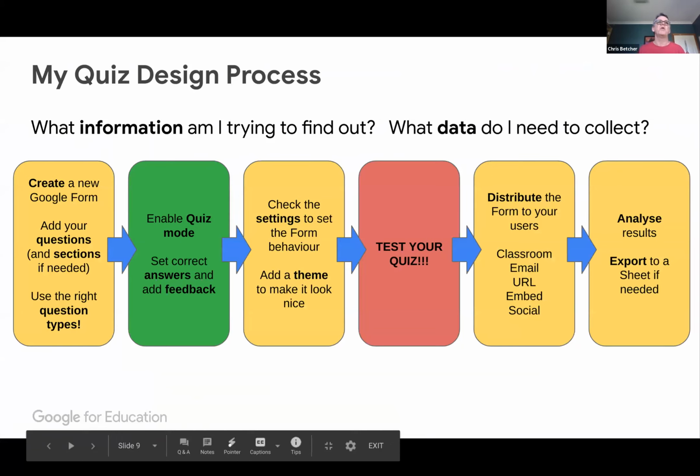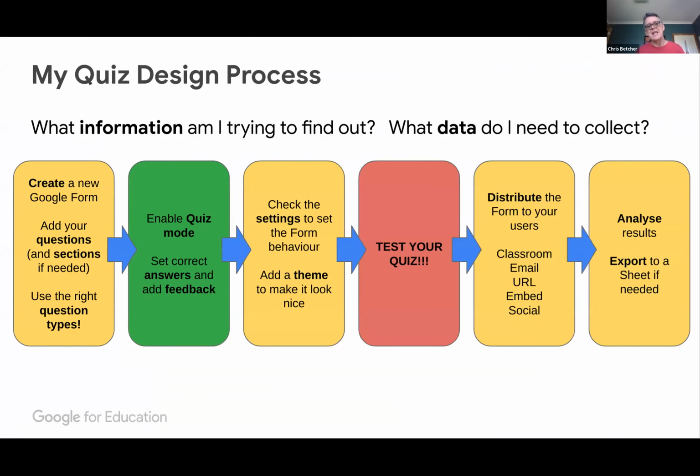The first thing I always do when I'm designing a form for anything at all, be it a quiz or a survey, the first question you ask yourself, what am I actually trying to find out? If it's a quiz, you might be trying to find out, what do my kids know? If you're voting on school captain, it's who does the population want to be the school captain? Find out what it is you actually want to know. That's a really important first step.